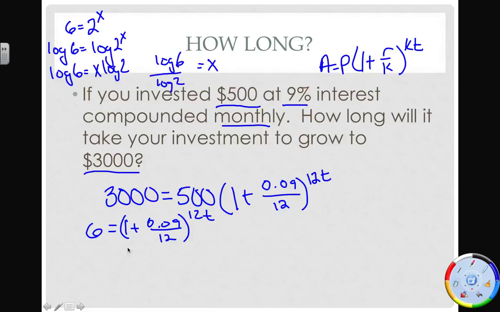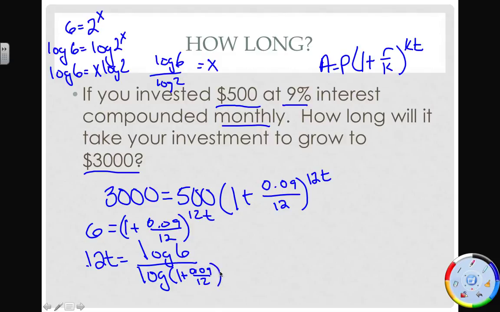That's a simple problem, but it helps us here because this is like our 6, and this here is like our 2. So I can simplify the process here, and say that 12t is equal to the log of 6 over the log of 1 plus 0.09 over 12.